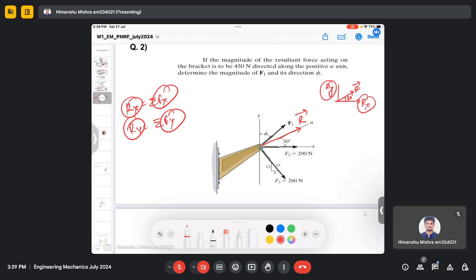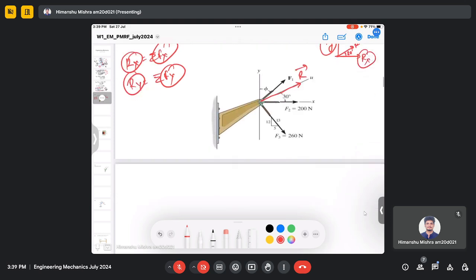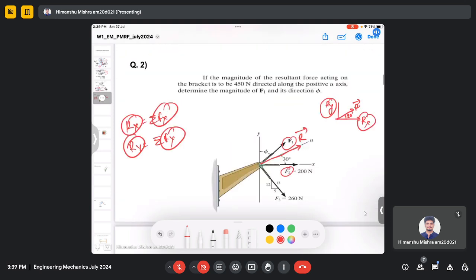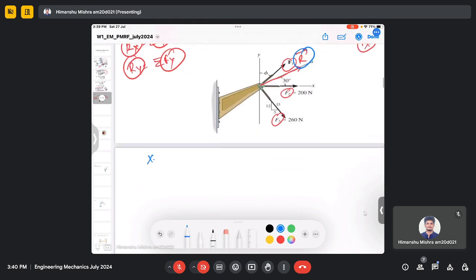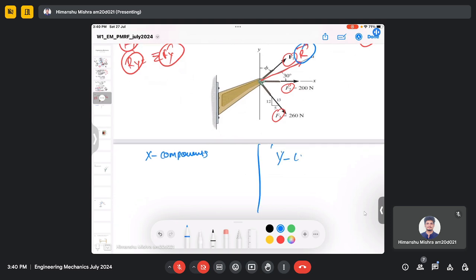So first let's find the component of each and every force. So we have F1, we have F2, we have F3, and we have the overall resultant force as well. So let's make a table. So these are my X components of forces, and these are my Y components of force. So we are doing the same thing that we have done earlier in the previous question.